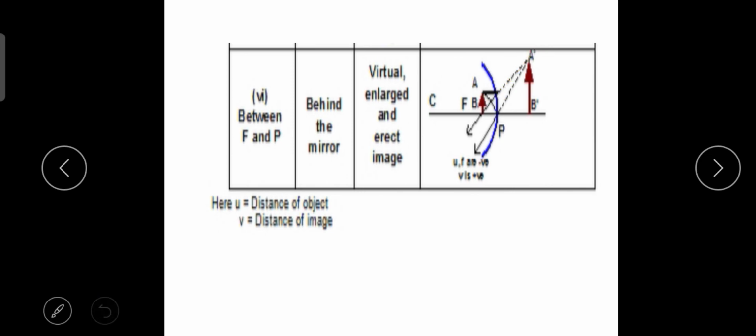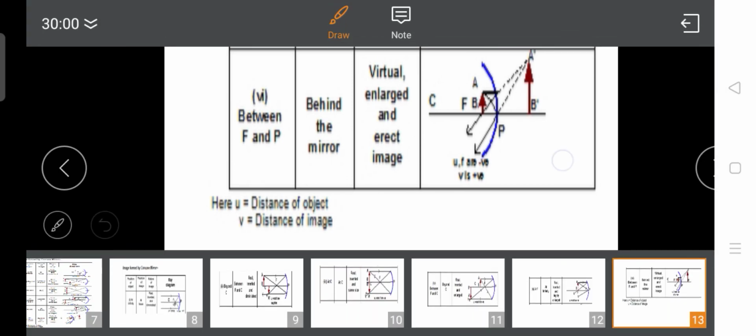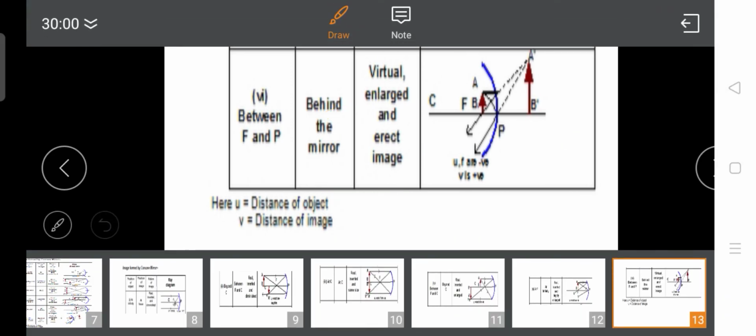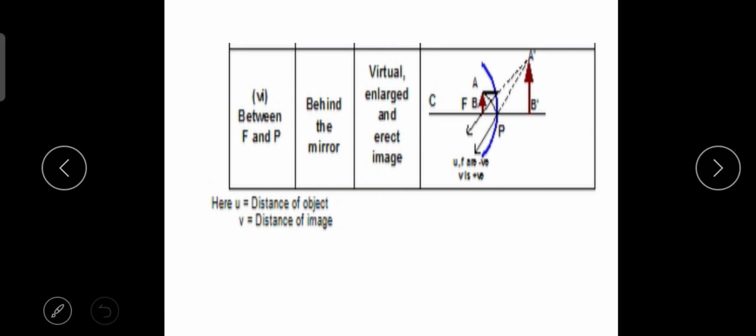The formed image is an enlarged image, and this image is a virtual image because the image is formed inside the mirror, not outside the mirror. So this is a virtual image. A virtual image is formed here, and it will be erect. This is not an inverted image. This will be an erect image and enlarged in nature.